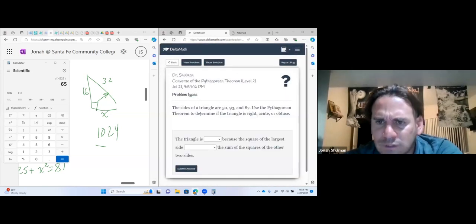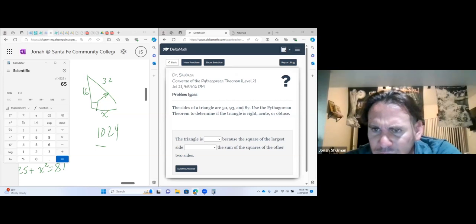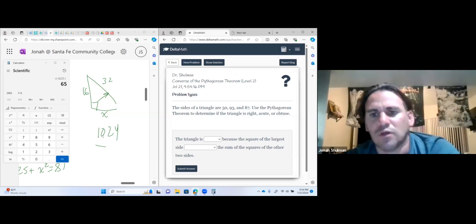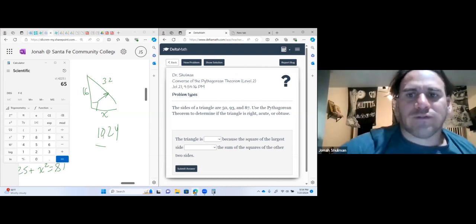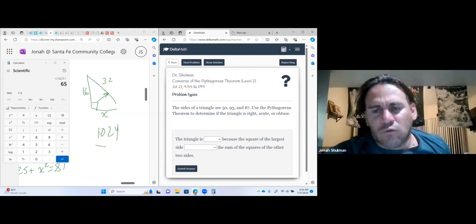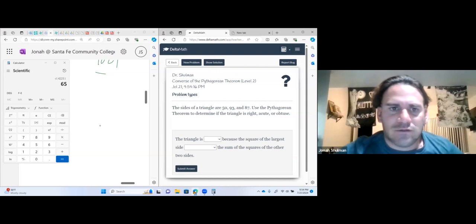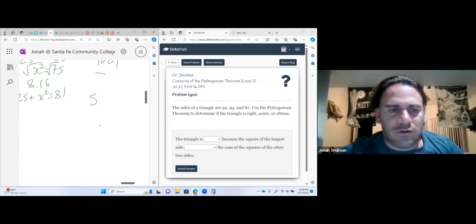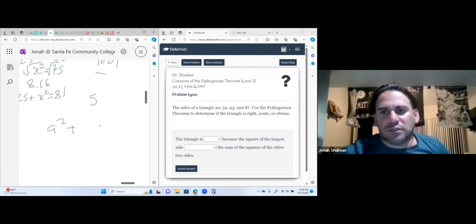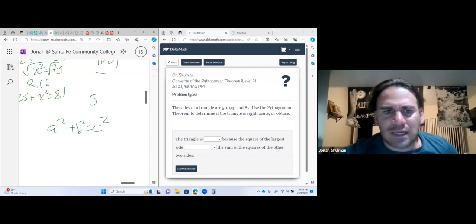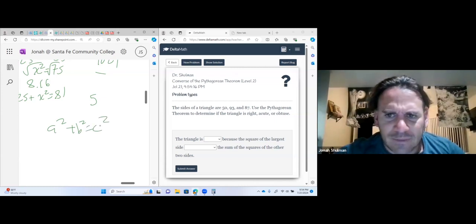Now we got a level 2 of this. Sides 50, 93, and 87. Use right, acute, or obtuse. Okay, so we just have to see, all right? We have to decide. So here we go. So we know this is it. A squared plus B squared equals C squared. This happens a lot with naming them.